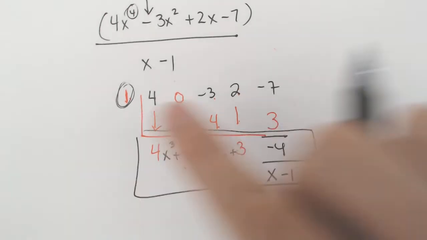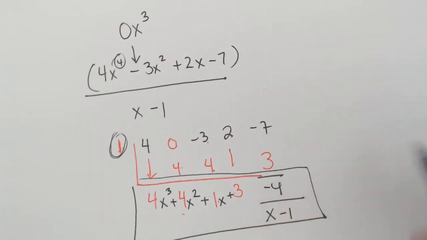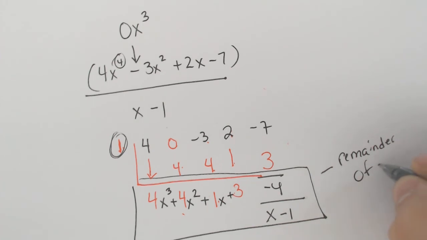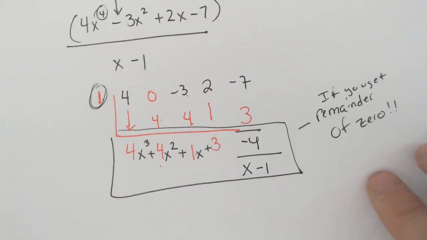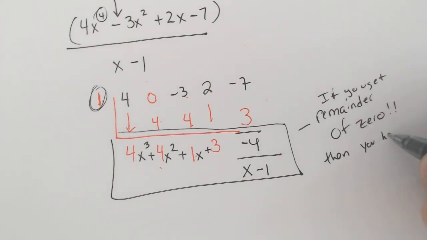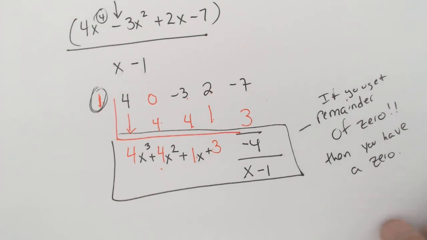If you divide and you get a remainder of 0, I'm writing this down sloppily, then you have a 0 or a solution.